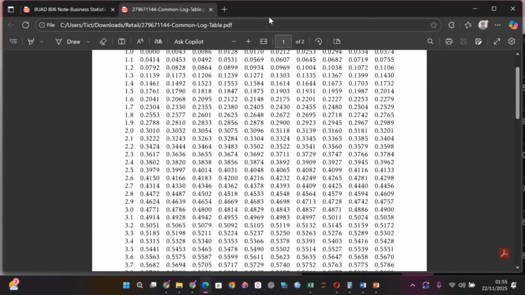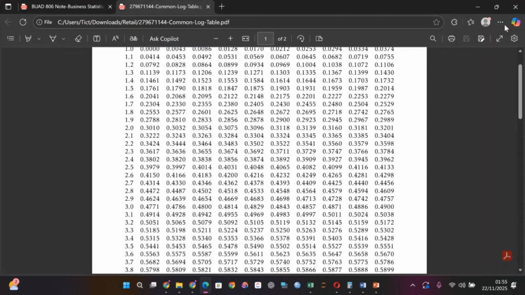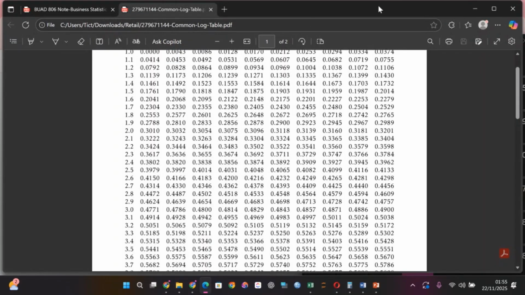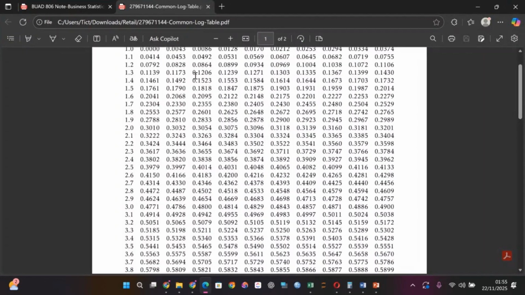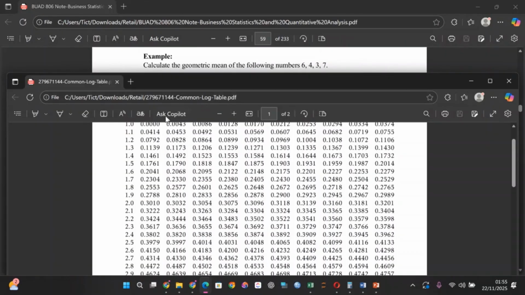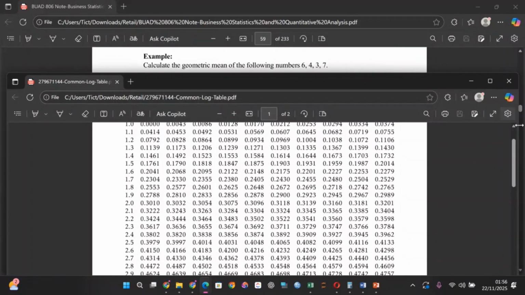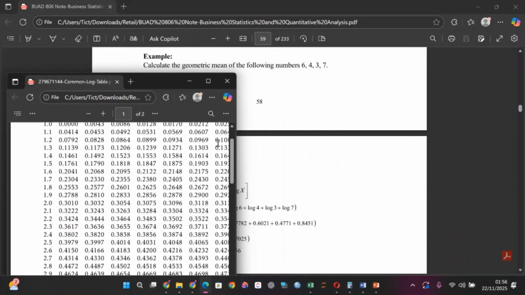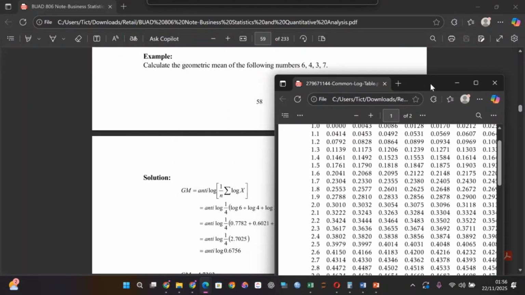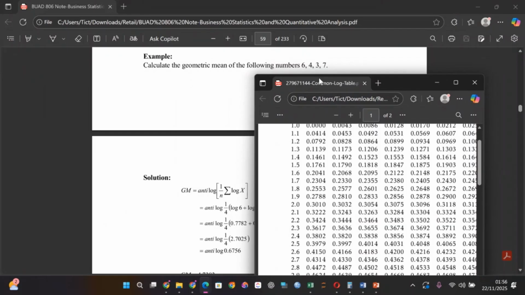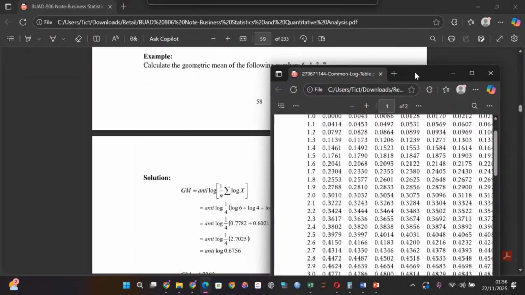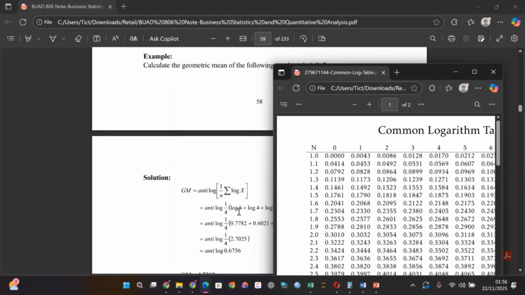Let me show you what that means in the example that we are using. So let's say now, if you look at the formula that you have, you're supposed to check log 6.